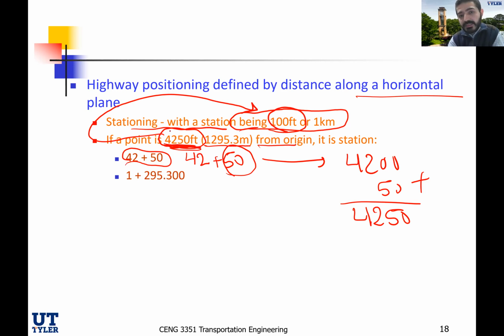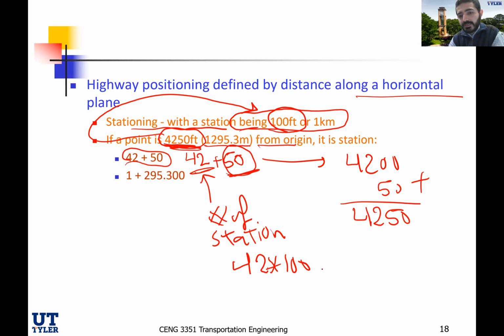That's why here we're saying 42, the number of stations, plus now the rest, which is plus 50. 50 is not 50 stations; 50 is 50 feet. That's why I said it's 42 stations times 100, because I know every station is 100 feet. That is 4,200 plus 50, and that will be 4,250.